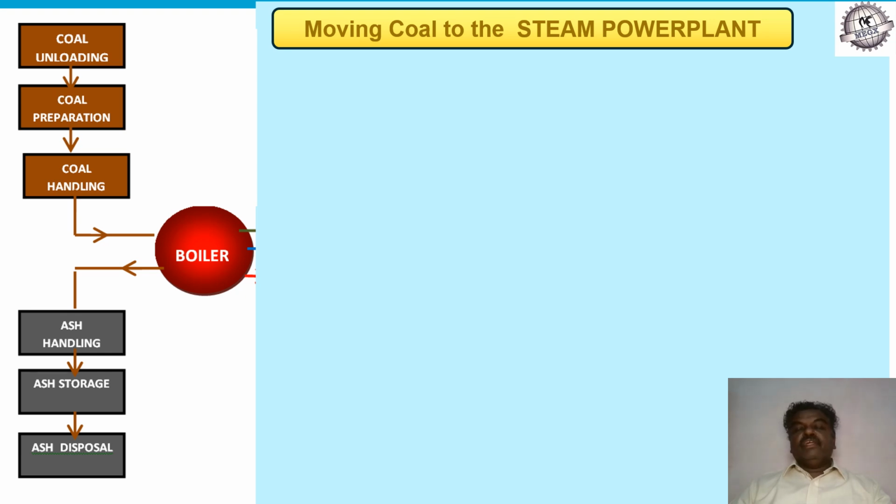Coal is available in coal mines that are spread across the country in different states. Normally, these coal mines are located in states like Assam, Jharkhand, Chhattisgarh, Odisha, Maharashtra, Madhya Pradesh, and in the south we have mines in Telangana, Andhra Pradesh, and Tamil Nadu.